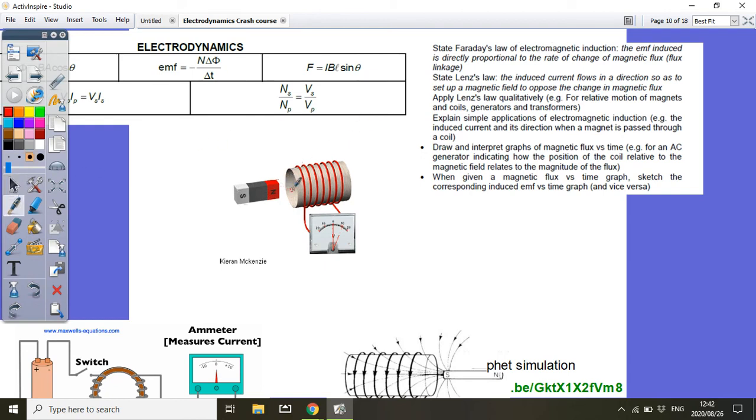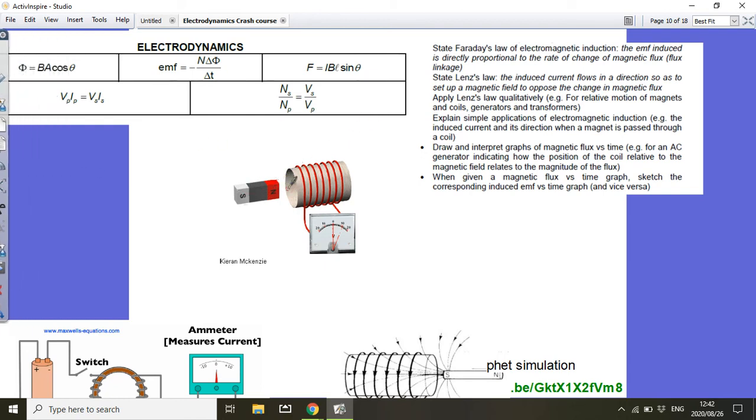And now you need to think for yourself, if I want to push away that north pole, I'm going to set up a magnetic field. I'm going to make a new magnetic field. So this coil is going to form a magnetic field to oppose the entering magnet. So to oppose that, I need to form a north pole on this side and a south pole on this side.